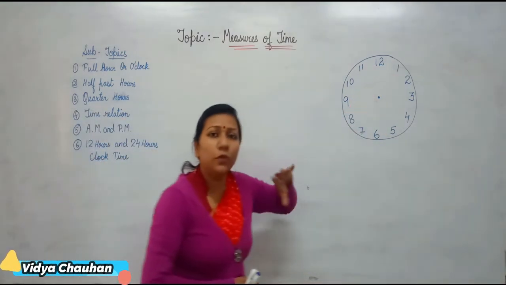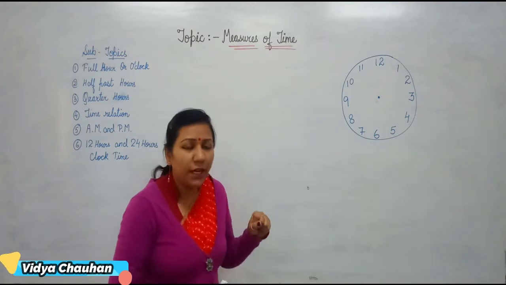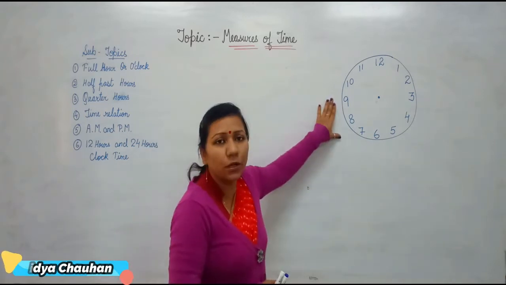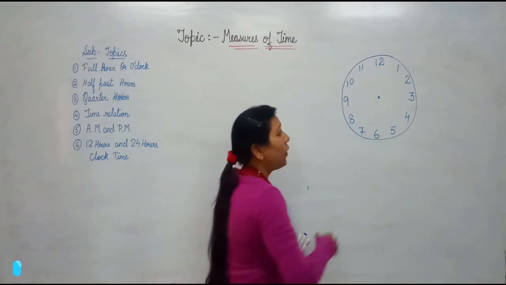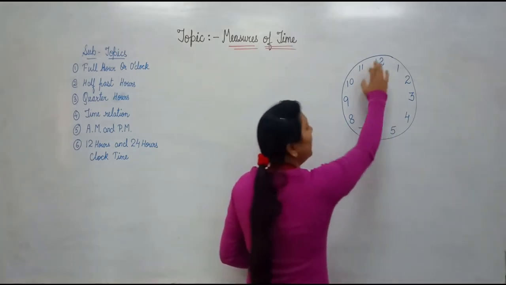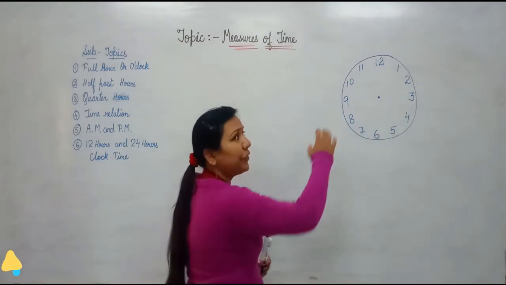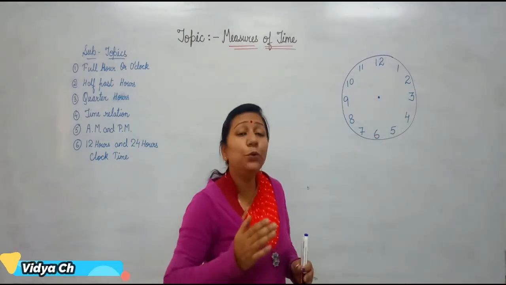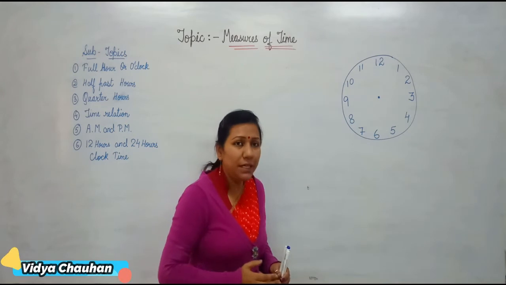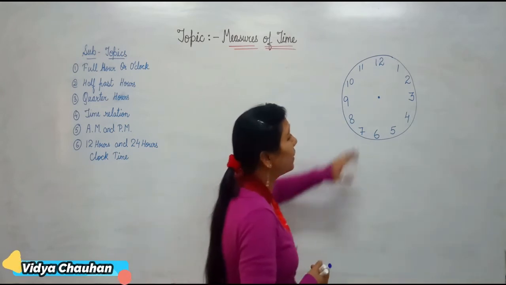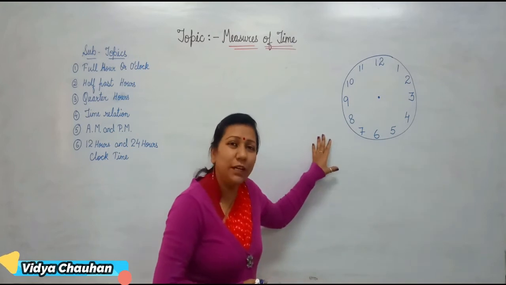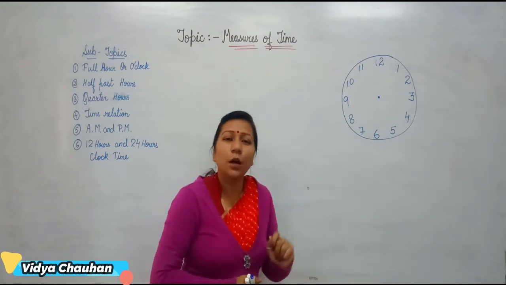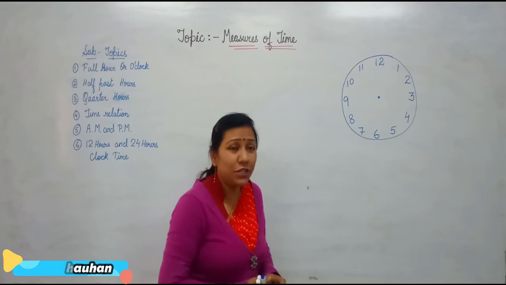To measure time, we use an equipment called a clock. In a clock, if you have noticed, there are total numbers 1 to 12. That means a clock is divided into 12 divisions. How many divisions? 12 divisions.